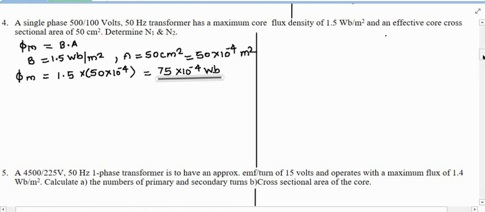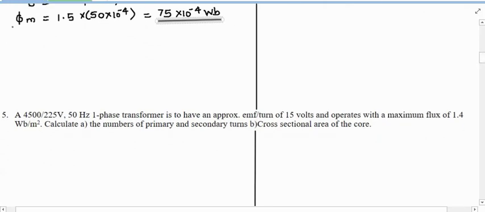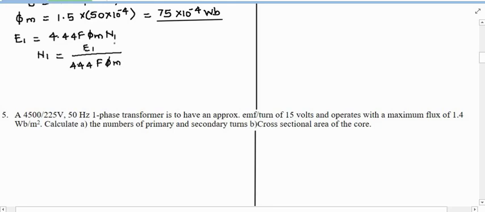Now we know the EMF equation of the transformer. What is the EMF equation? E1 equals 4.44 F phi m into N1. So N1 is nothing but E1 upon 4.44 F phi m, right?